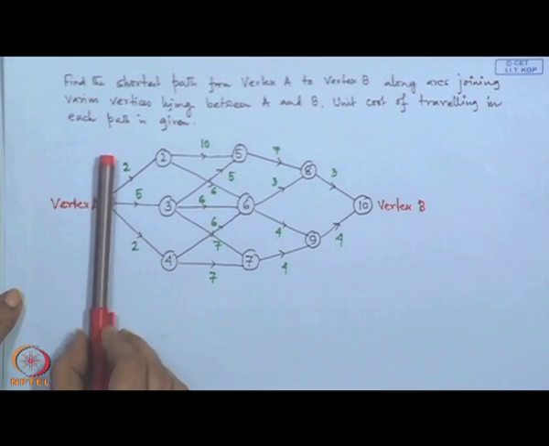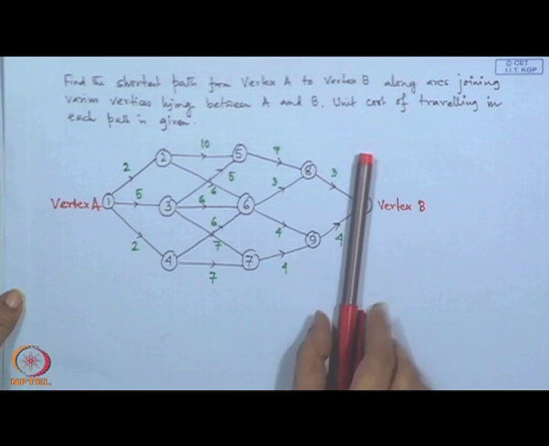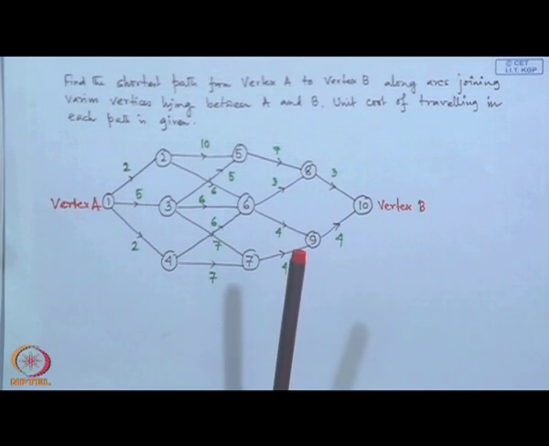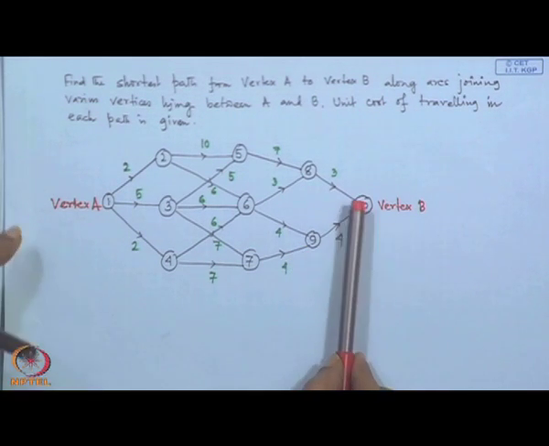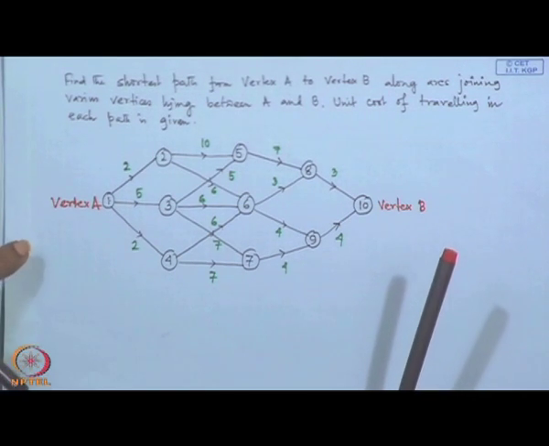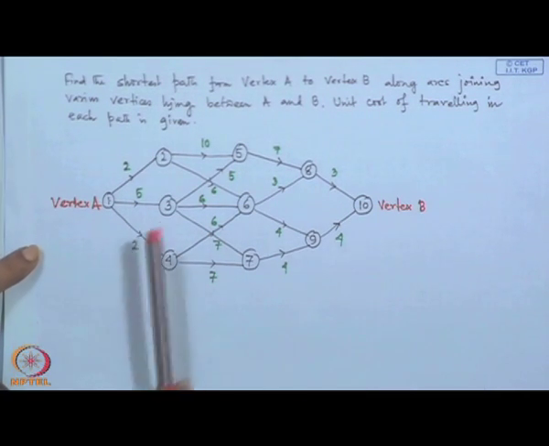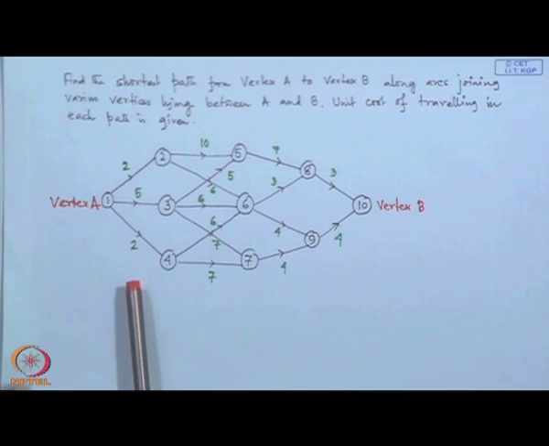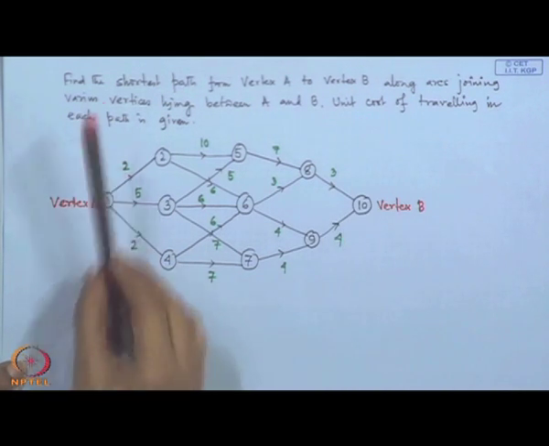If I move from vertex A to vertex B with the iterative process as I explained before, with the Bellman's principle of optimality at each stage, we will take the decision and reach the ultimate stage to address the whole problem. That process is the forward recursive process. We can go backward as well, that is starting from vertex B to vertex A.